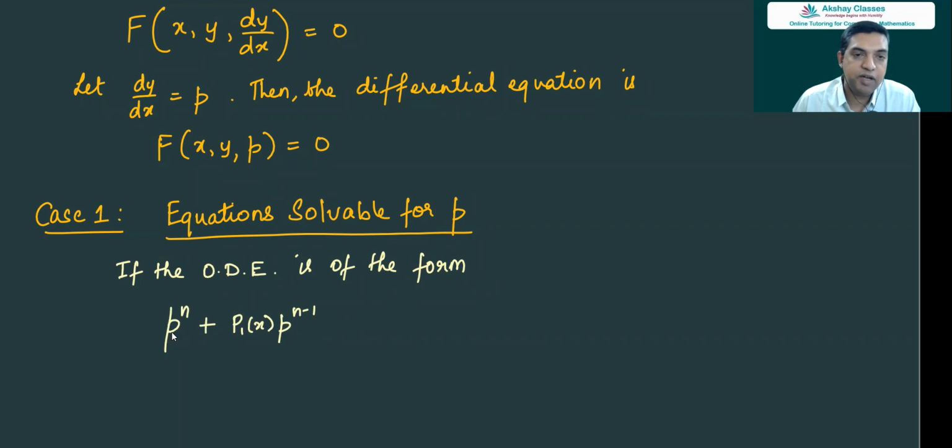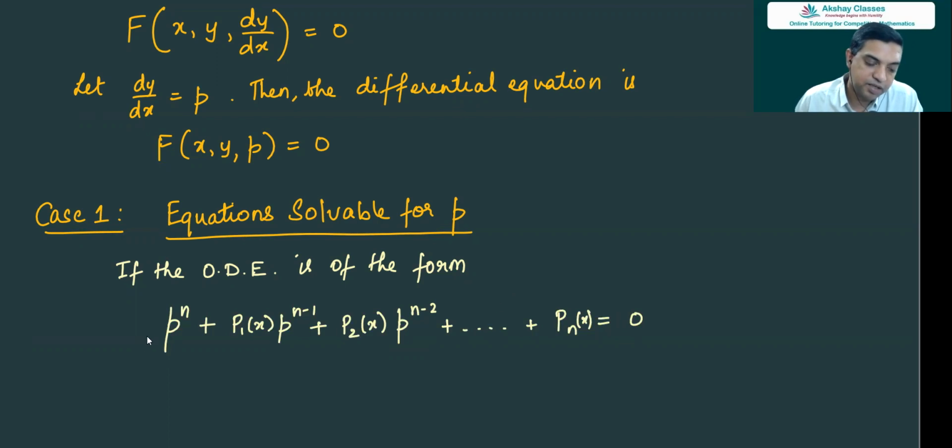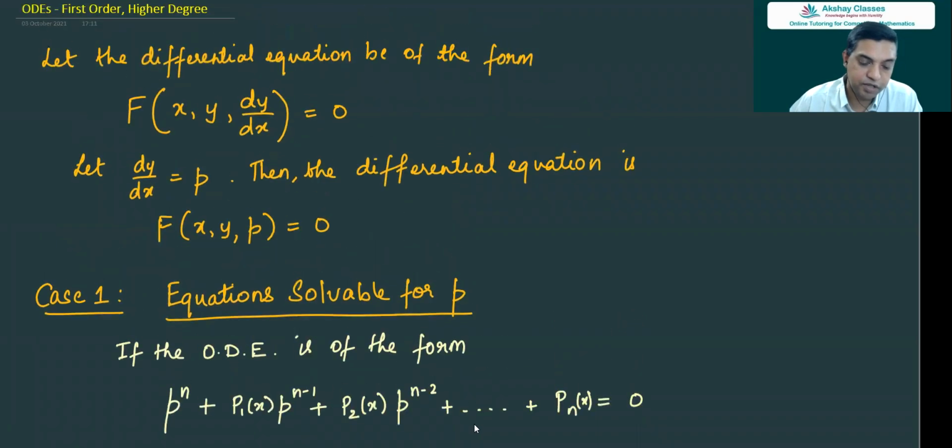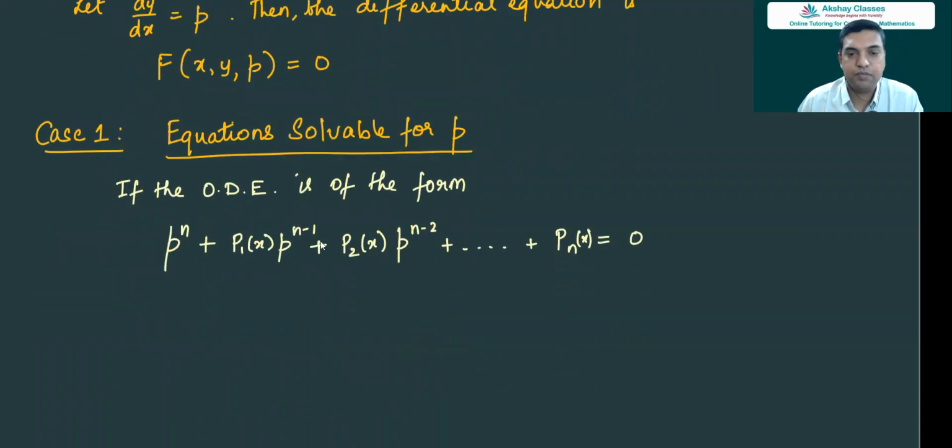This is dy by dx whole power n, and dy by dx whole power n minus 1 multiplied by some function of x. Suppose it's a differential equation like this. Now these p's can be functions of x or functions of y also.